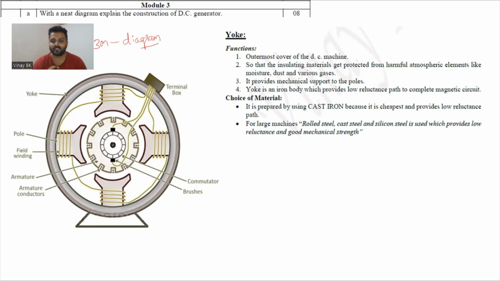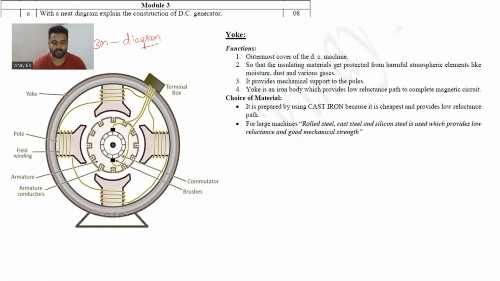It also provides mechanical support to the poles, and this iron body provides a low reluctance path to complete the magnetic circuit. It is made of cast iron because it is cheapest and provides a low reluctance path.